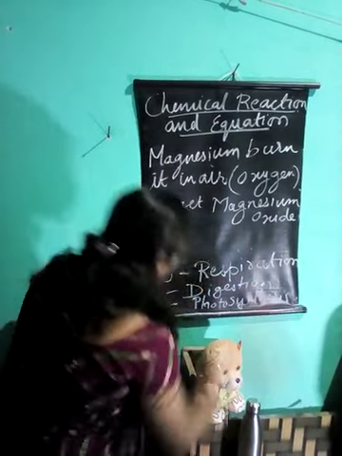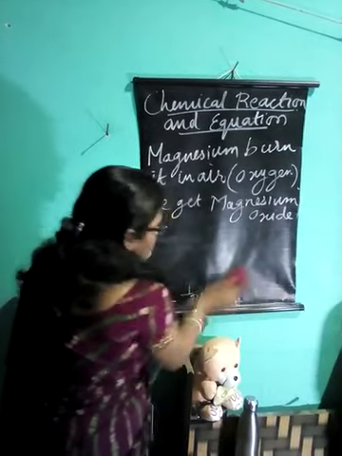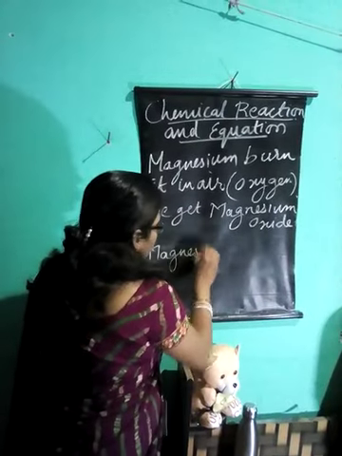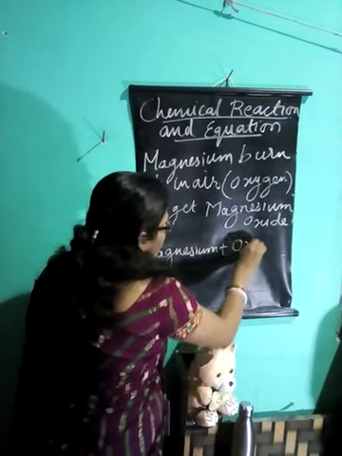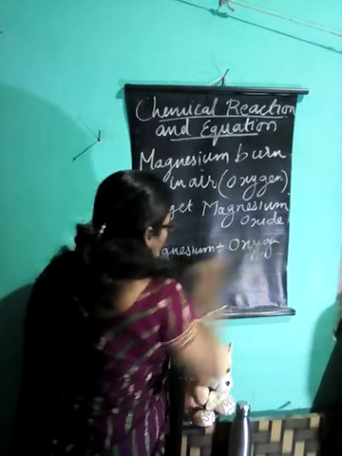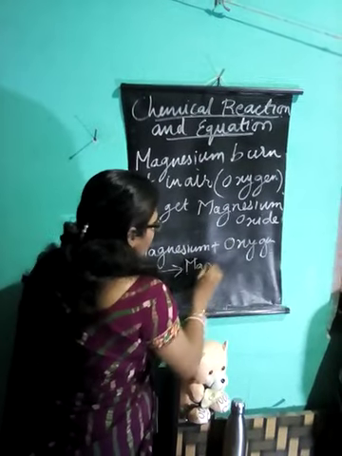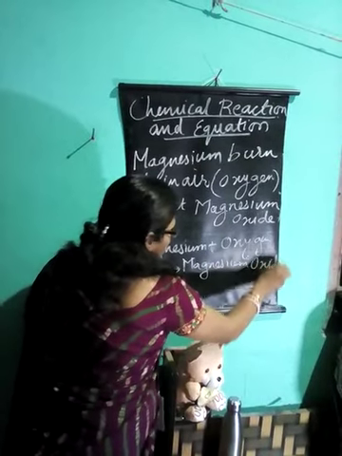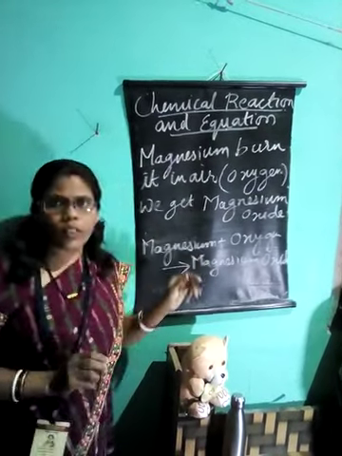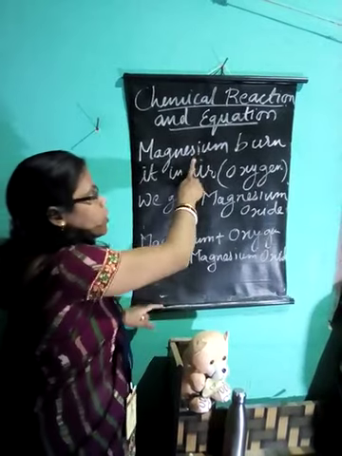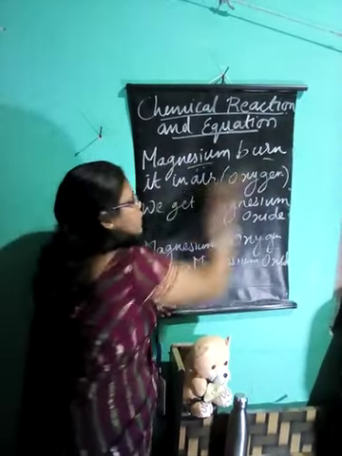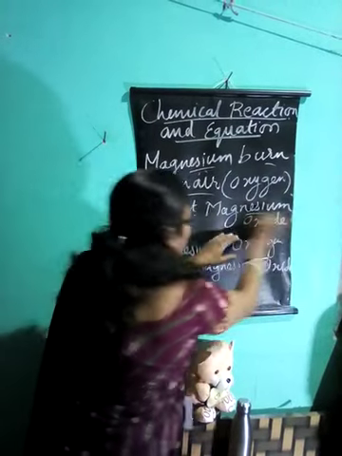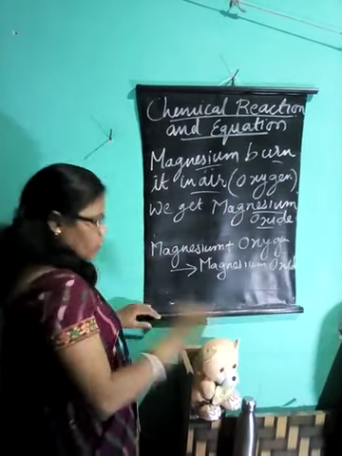That is, magnesium plus oxygen gives magnesium oxide. This is one of the examples. You take magnesium ribbon, burn it in air, it combines with oxygen, and we get magnesium oxide. This is a reaction.